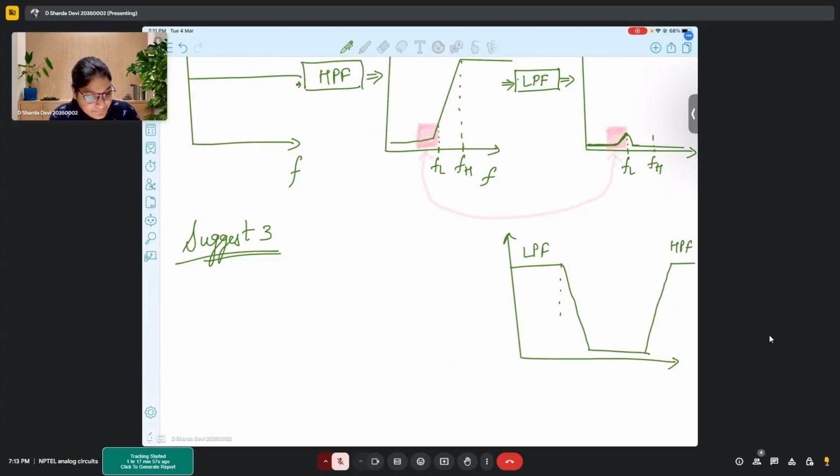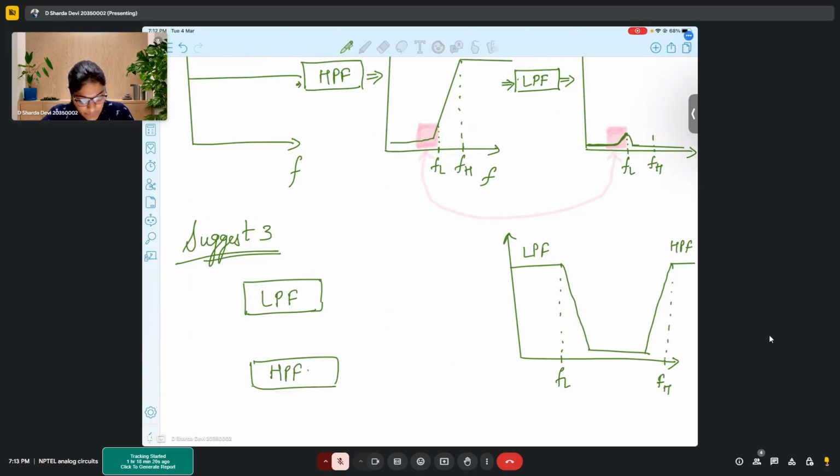What if I tell you that let's use both the filters and use an adder? So if I tell you that let's use a low pass filter and a high pass filter both in parallel, okay? So to them the input will be full frequency ranges to both of them.